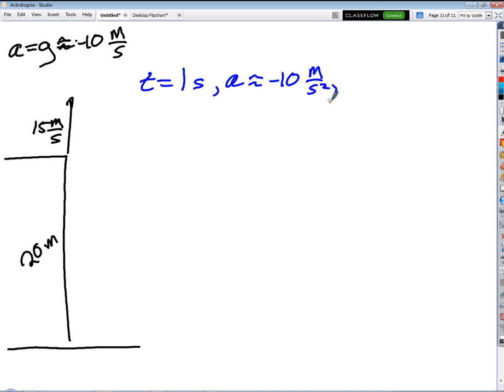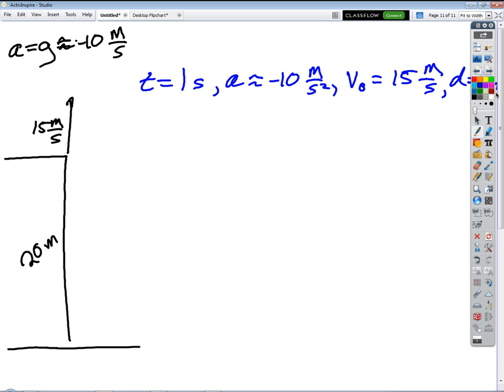That's where it starts. So what do we call that? Initial velocity, right. So when we start, the velocity is 15 meters per second. Positive or negative? Positive, because it's up. And we know also that the displacement, or the height, position, is 20 meters.